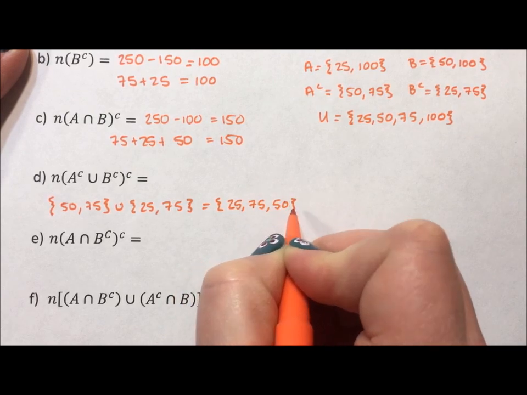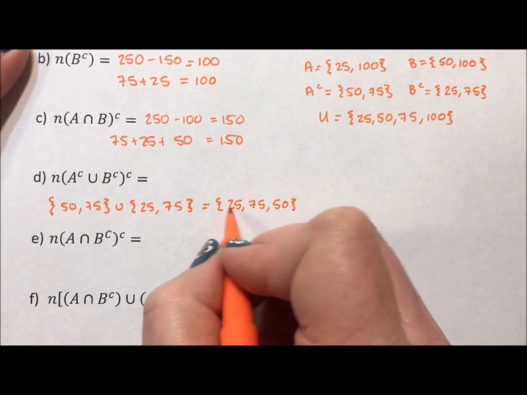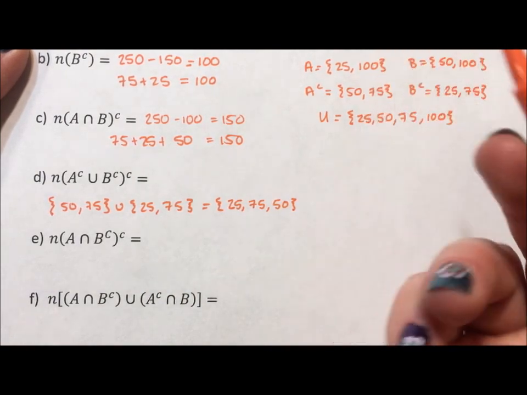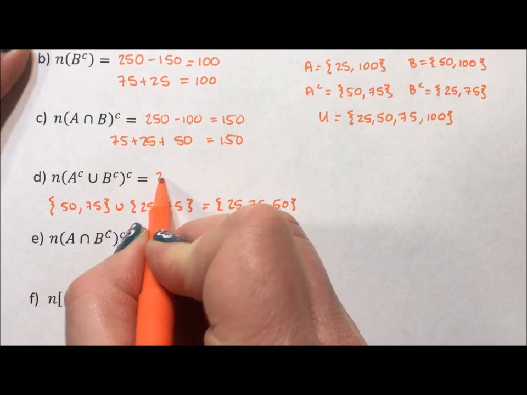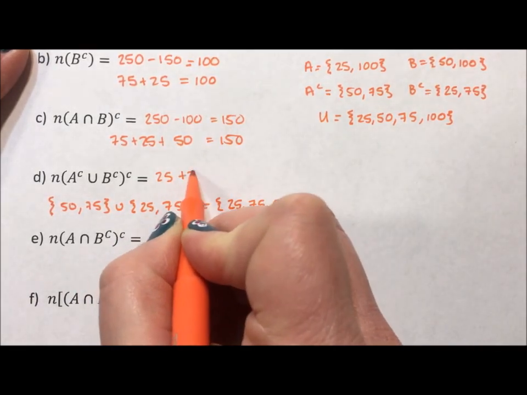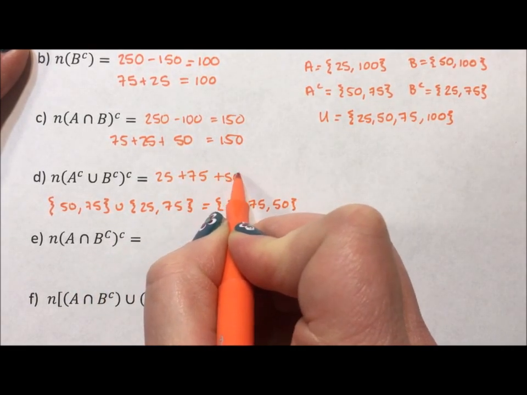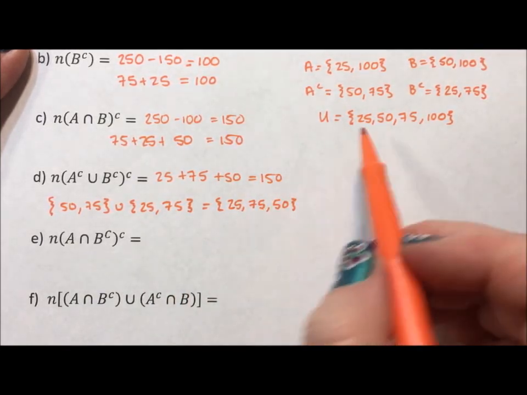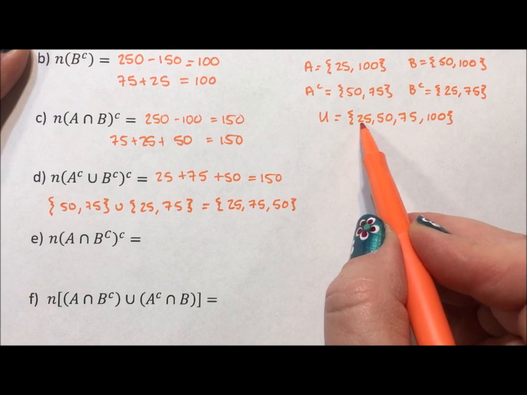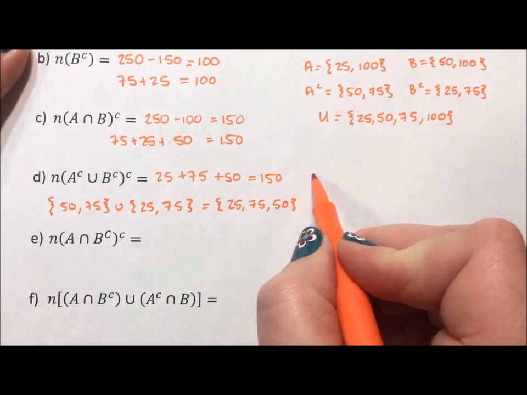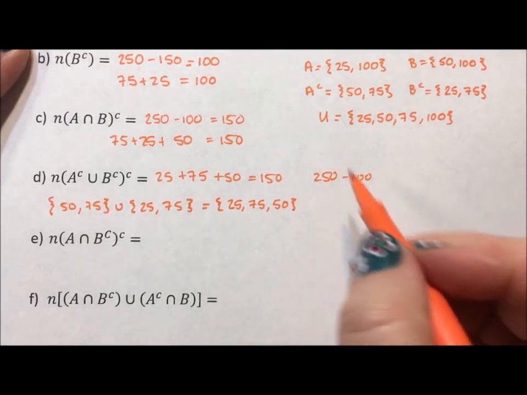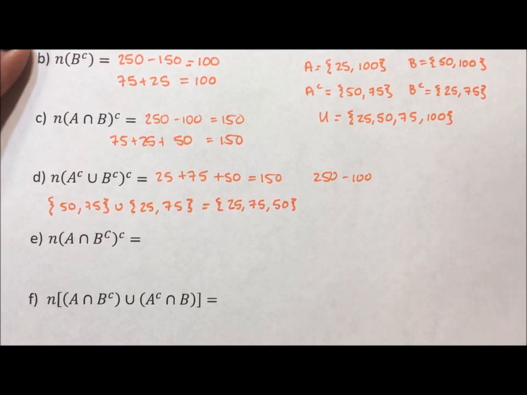And because I'm looking for the total number, I can either add these together, again, or subtract from 250. So I can either say 25 plus 75 plus 50 to get to 150. Or I could have looked at the piece that was missing and done the 250 minus 100, doing the idea of taking out the piece we're missing.